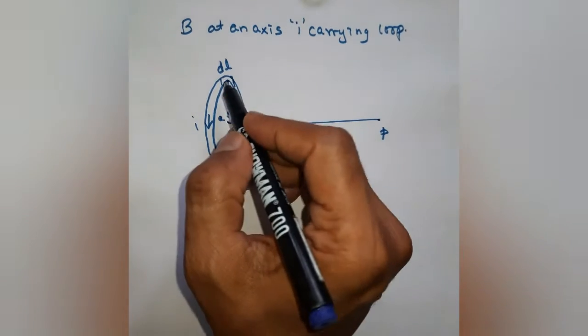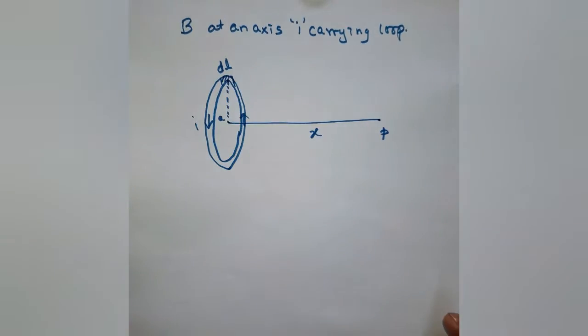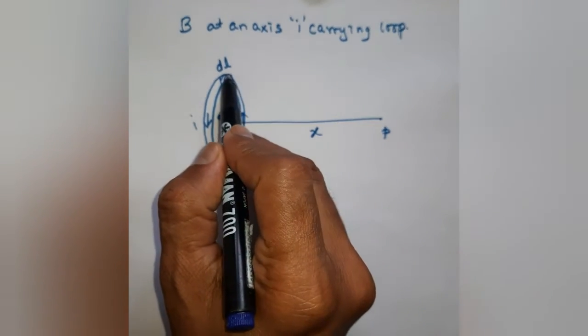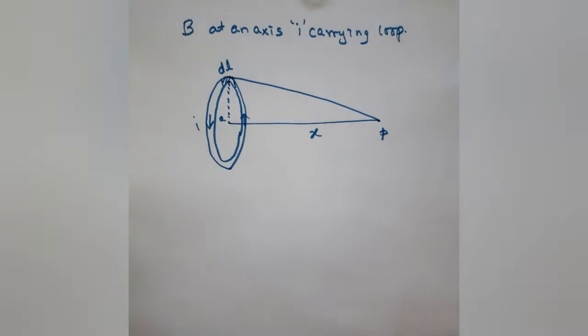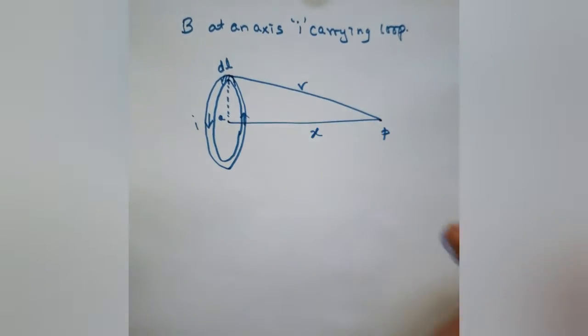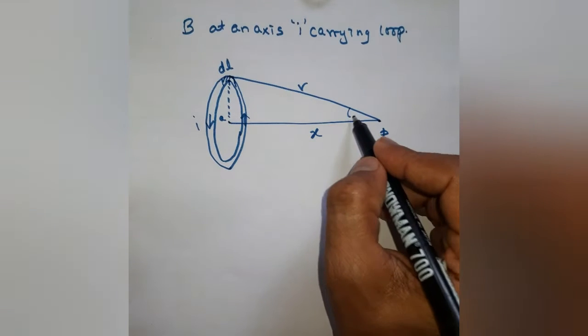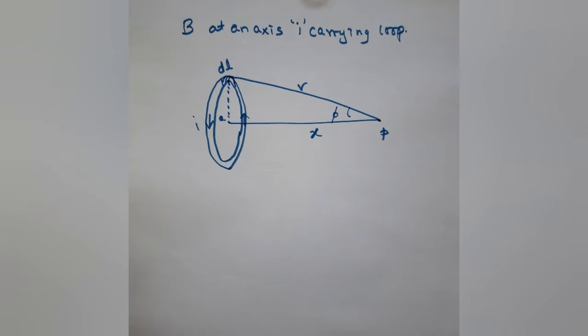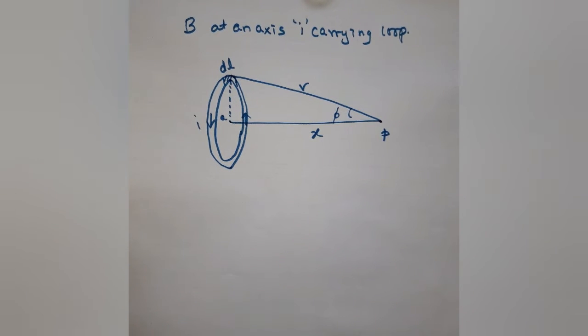We have a current, and a small element over here. Let's say I draw the distance from here as r, and the angle made over here is phi. At point P we have to find certain relations.